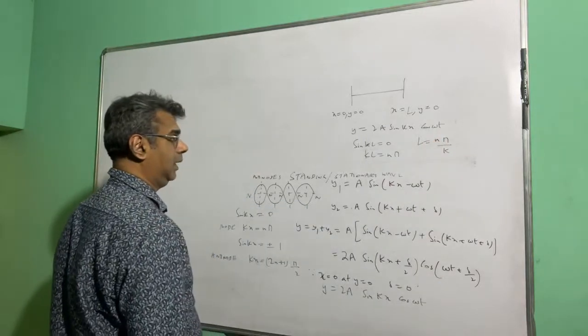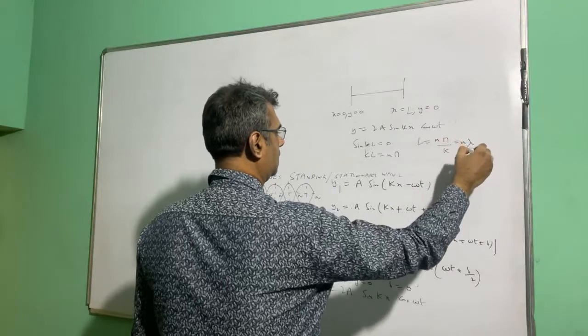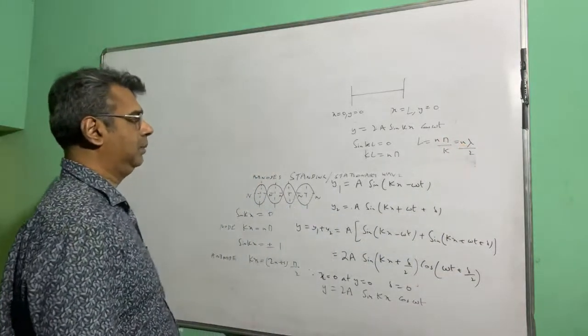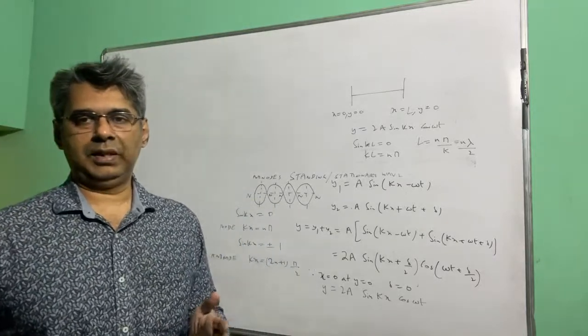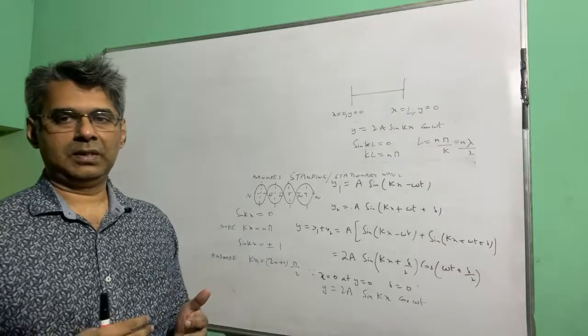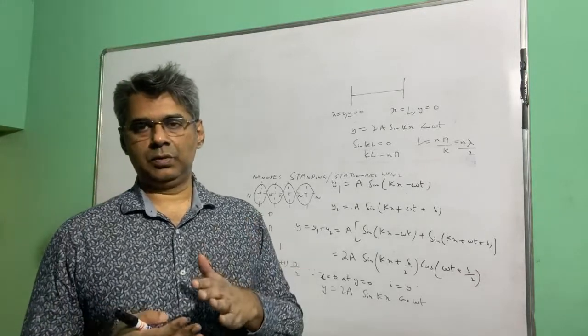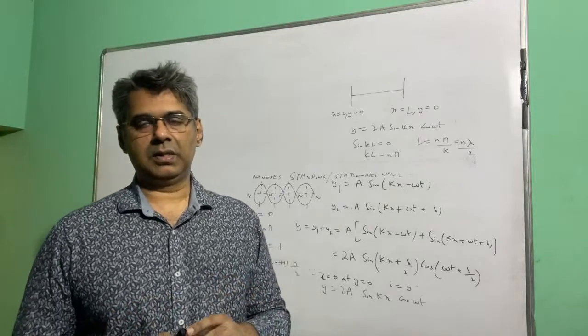So L will be n pi by k, that is n lambda by 2. So I am repeating again. So far I was telling you that one end of the string is fixed, and then we discussed what happens when the incident and reflected waves superpose with each other, you get a standing wave. So far that is what we discussed.